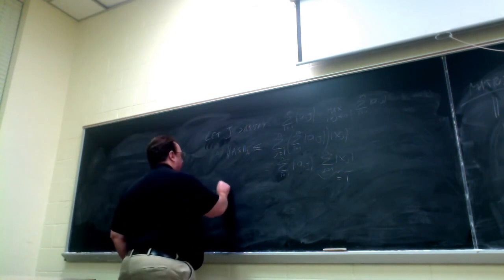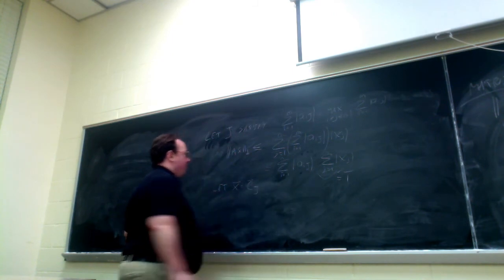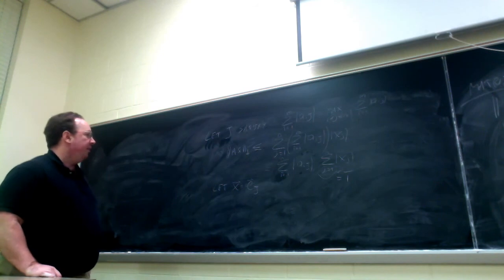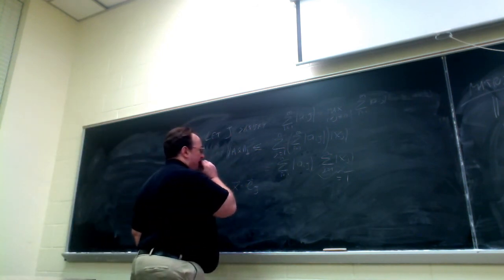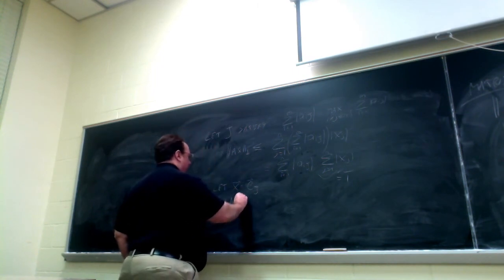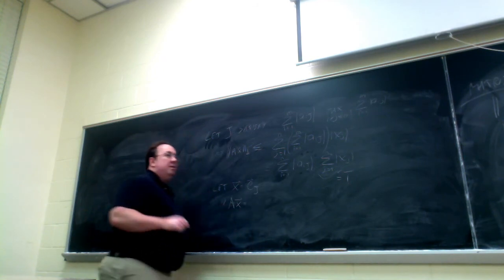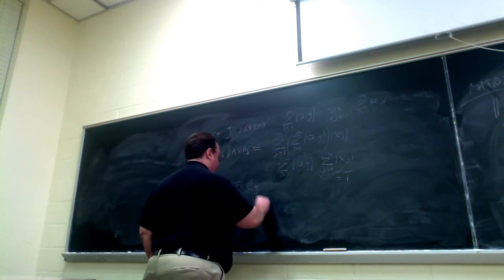So if I let x equal e_J, that means that Ax is going to be the capital J column of A. It's going to be a_1J, a_2J, up to a_mJ.